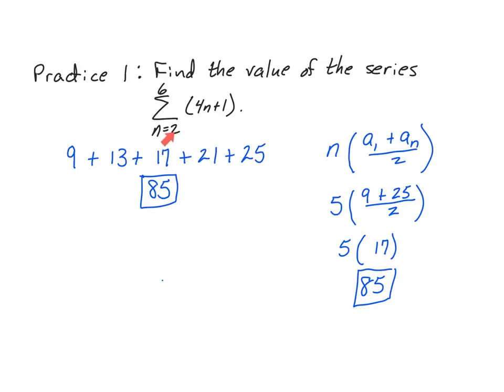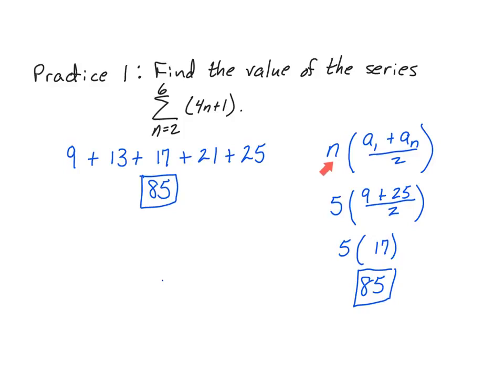Starting value, when you plug 2 in, you end up with 4 times 2 is 8, plus 1 is 9. And then the next number you plug in is 3, so that would give you 12, plus 1 is 13. And you keep on doing that until you get to 6, and 6 will be the last number you plug in, which gives you 25. Adding these values together, you get 85.